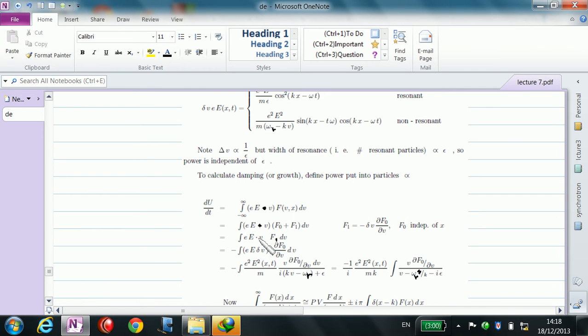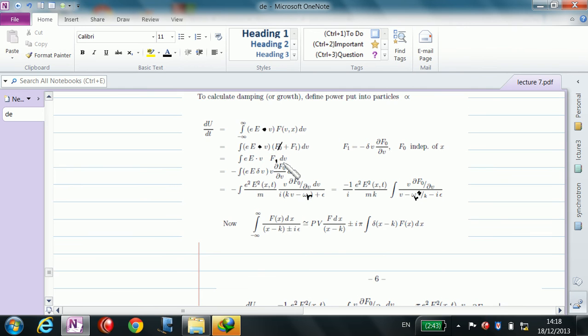Let's go through this term in detail. v is odd in v, and f0 is even in v, so this f0 is going to disappear, just because it's assumed to be symmetric about v equals 0. So that leaves us with this. Now we're up to the third line. You should by now start to believe the third line.